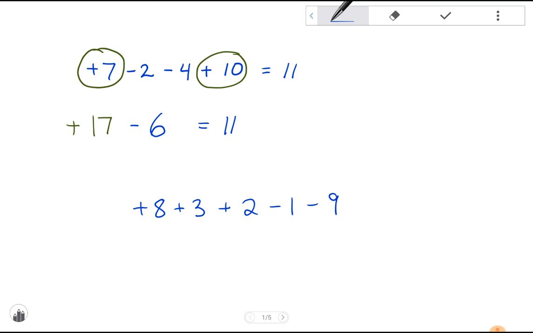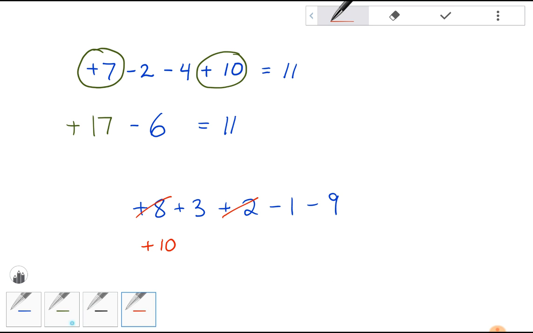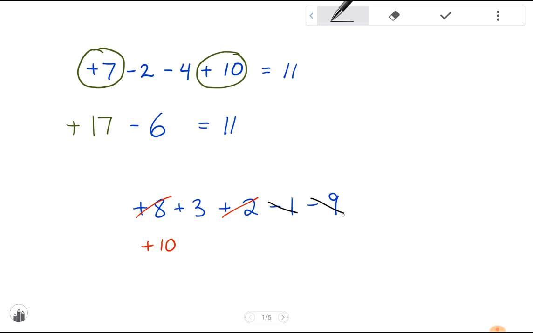Okay, so if we're going to do groups of 10, maybe we'll use red for that. Looking for groups of 10, here the +8 and +2, well, that's a group of 10, right? So +8 and +2, putting these together, that's +10. And -1 and -9, put those together, that makes -10.